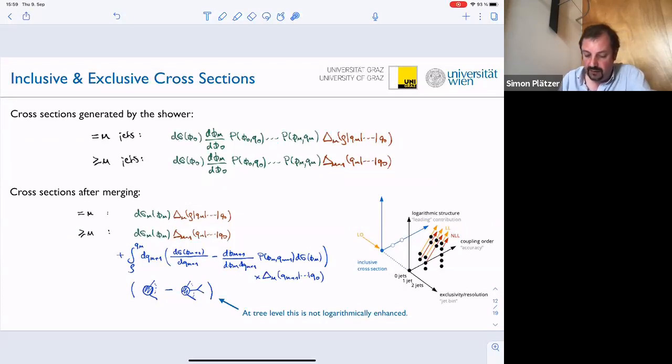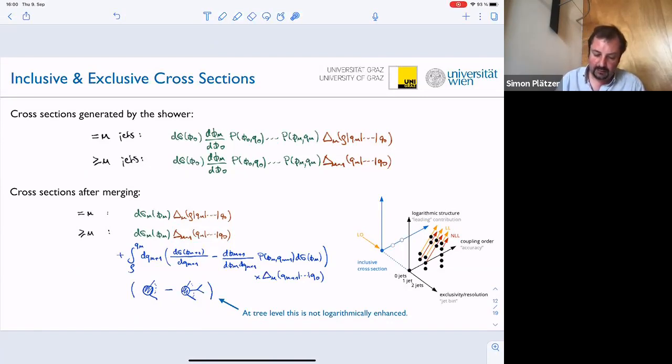I could have just left that out and just multiplied by the Sudakov form factor, which goes down to the scale where the last emission happened. And in this case, I'm calculating an inclusive cross-section because I'm not asking what the shower has been doing afterwards. So it might have decided not to radiate anymore, then I would have gotten that last factor on top, or it might have just radiated anything softer down the evolution.